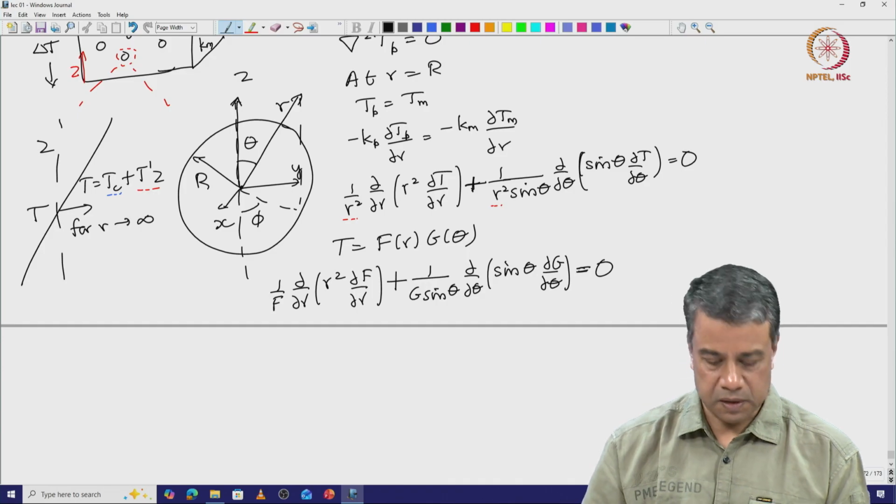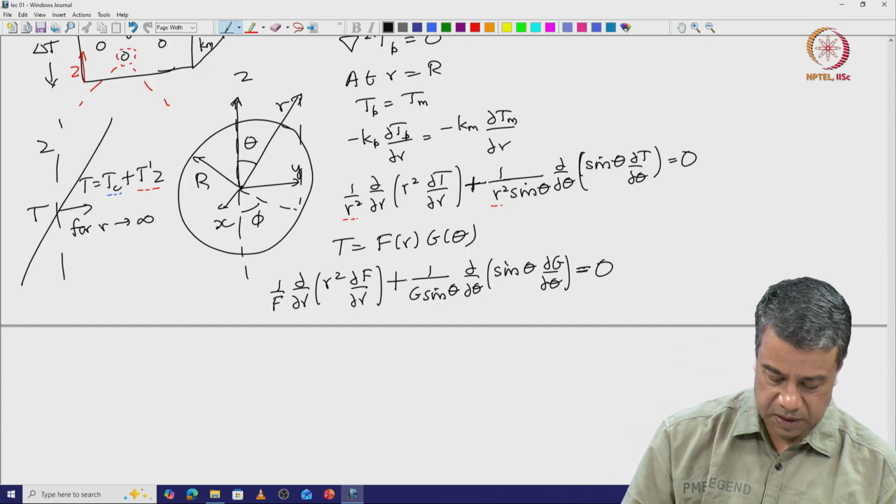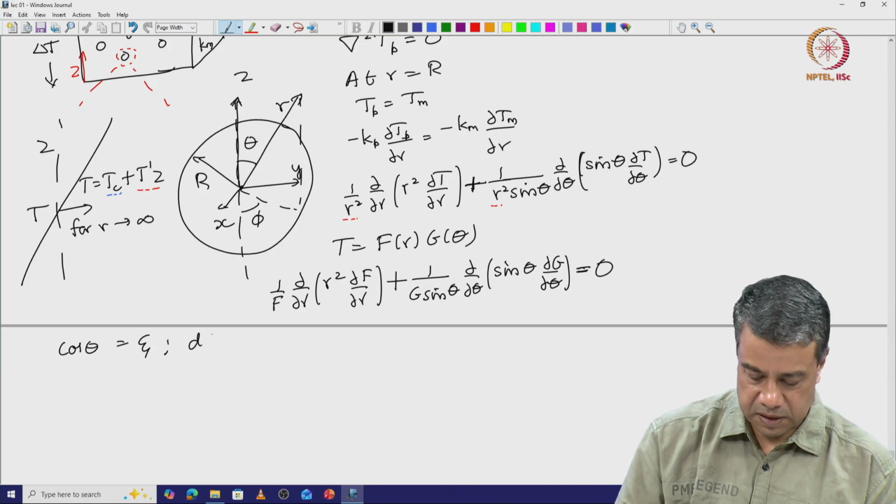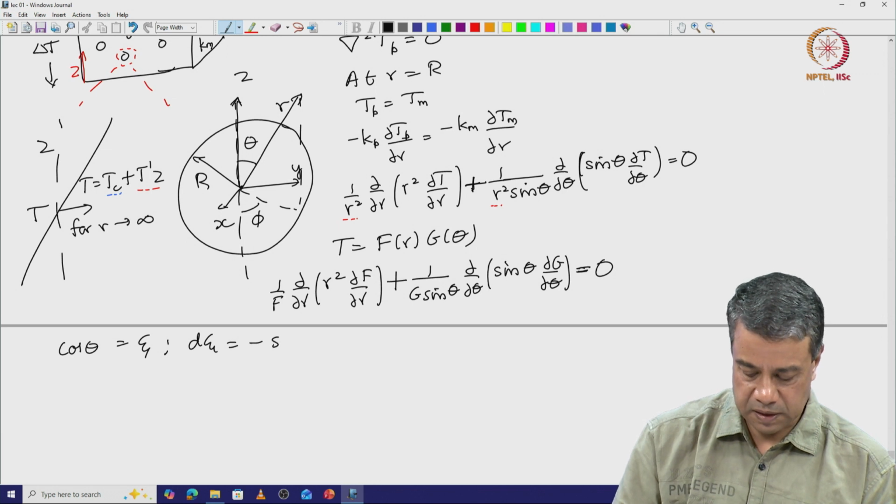So I showed you how to transform this. We transform cos theta is equal to psi, and d psi is equal to minus sin theta d theta.